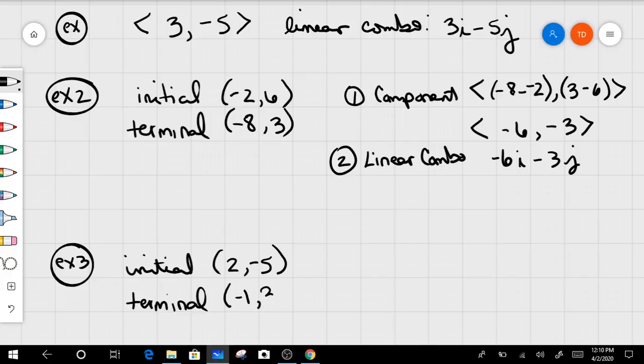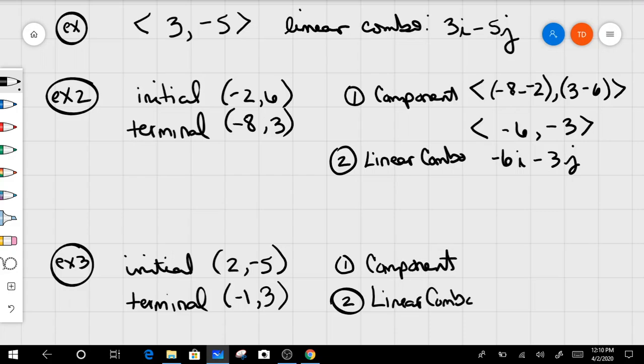Sorry, I had a blip there. I want you to find the component form, and I want you to find the linear combination. I got the component form -3, 8, and a linear combination of -3i plus 8j.